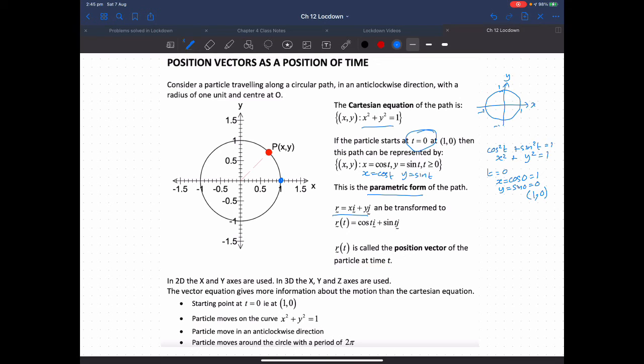As said before, x is equal to cos t, y is equal to sine t, so I've then replaced them. So I've now got the equation x squared plus y squared equals 1 in Cartesian form. I have got it in parametric form, and I actually know the position my particle starts.